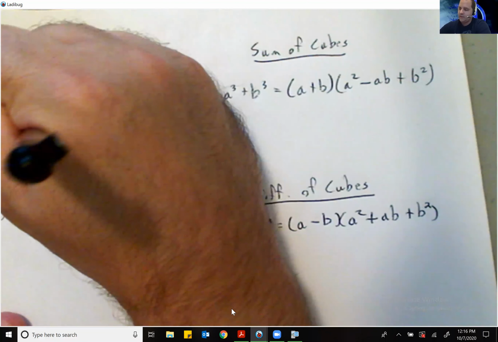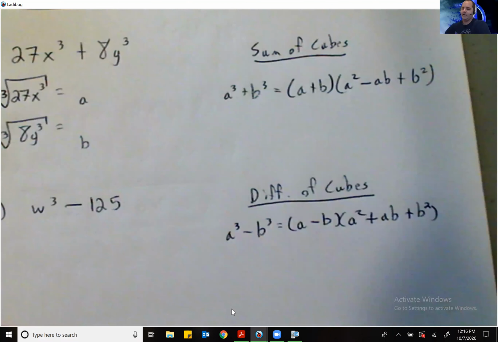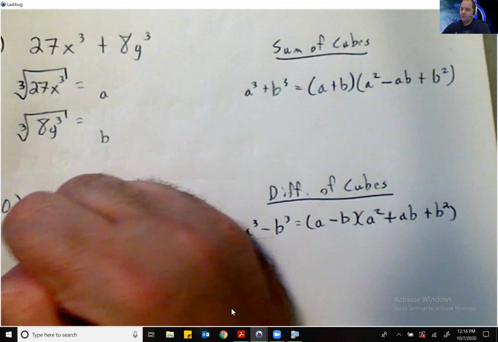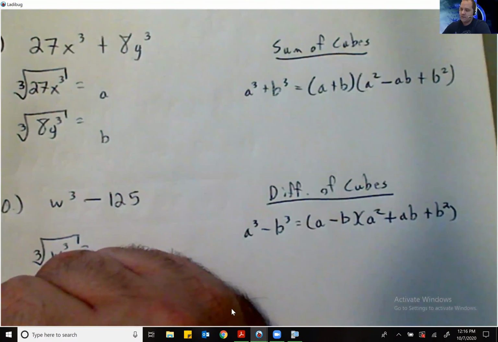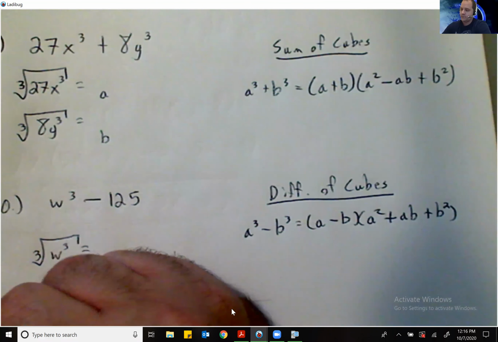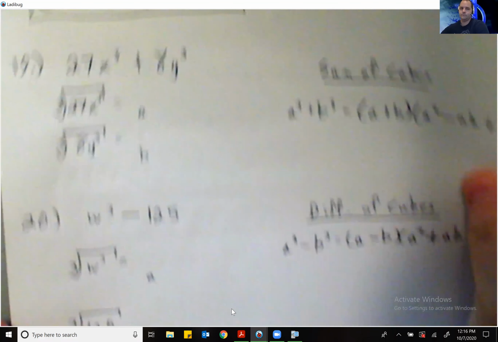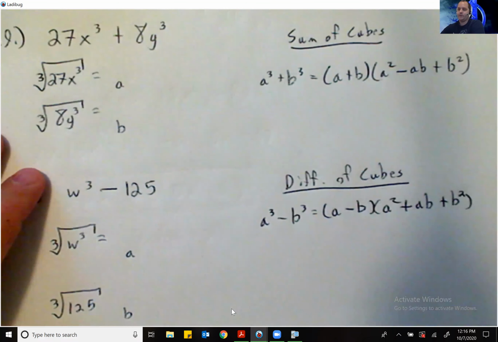The first term will give you A, the second term will give you the B. And the same thing down here. And then all we got to do is fill in the formula.